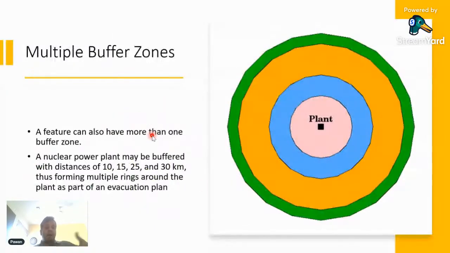Then we also have a multiple ring buffer, and out here it's a very good concept if you have an industrial plant. So if somebody works in an industrial plant and wants to evacuate from there, he will have a buffer for 10 meters, 10 minutes, or 10 kilometers, 15 kilometers, 25 kilometers, and 30 kilometers buffer.